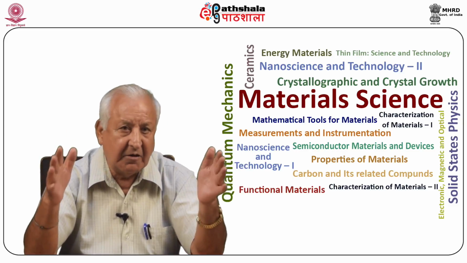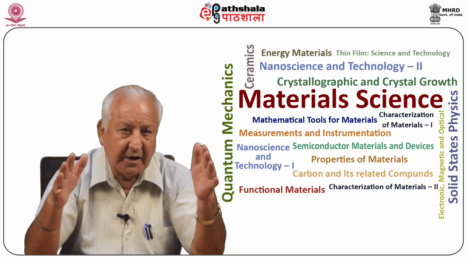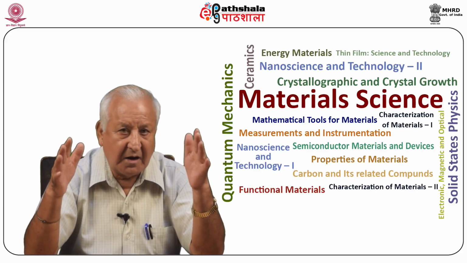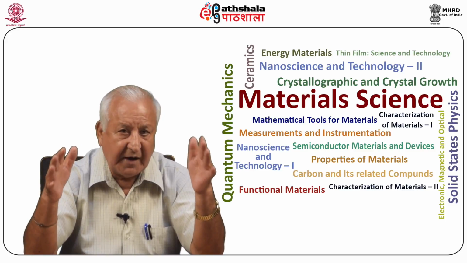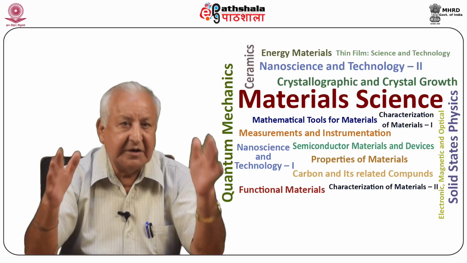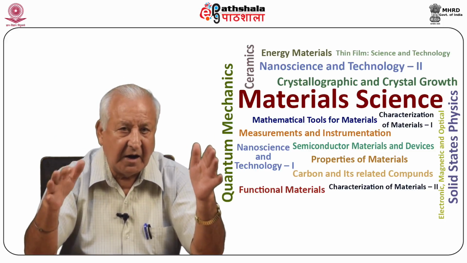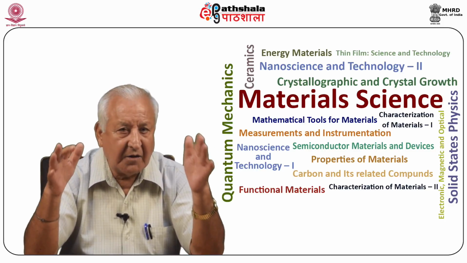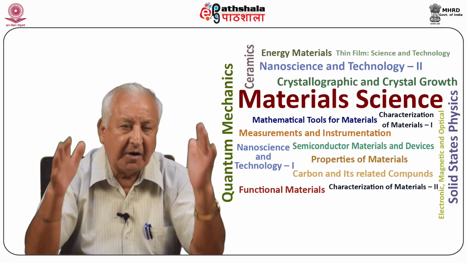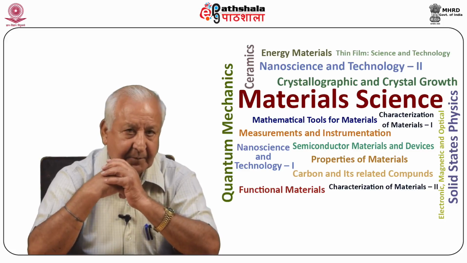Without going into the rigorous and finer details of calculations which fall outside the scope of the subject here, the stress field of the edge dislocation in terms of r and phi are given by the following expressions. Sigma rr equal to sigma phi phi is equal to Gb upon twice pi into 1 minus nu into sine phi by r, and tau r phi is equal to tau phi r is equal to Gb upon twice pi into 1 minus nu cos phi upon r.